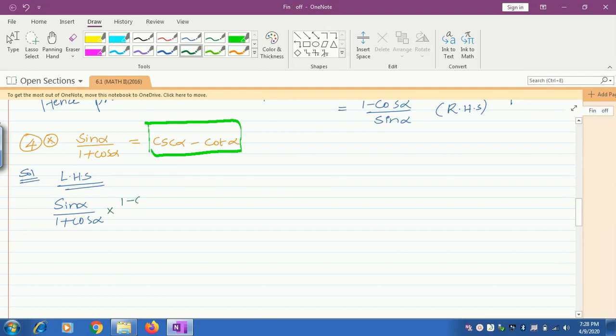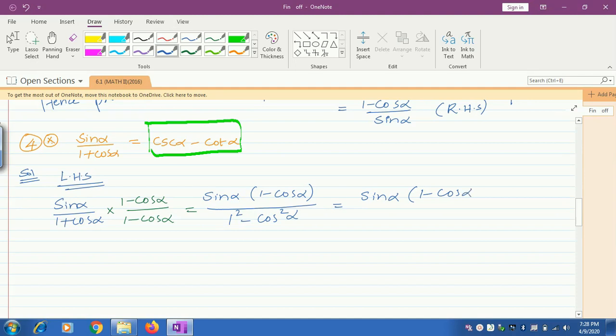The conjugate is 1 minus cosine alpha over 1 minus cosine alpha, which in turn implies sine alpha times 1 minus cosine alpha over, it is a plus b, a minus b. I can write it as a square minus b square, which is equal to sine alpha, 1 minus cosine alpha.